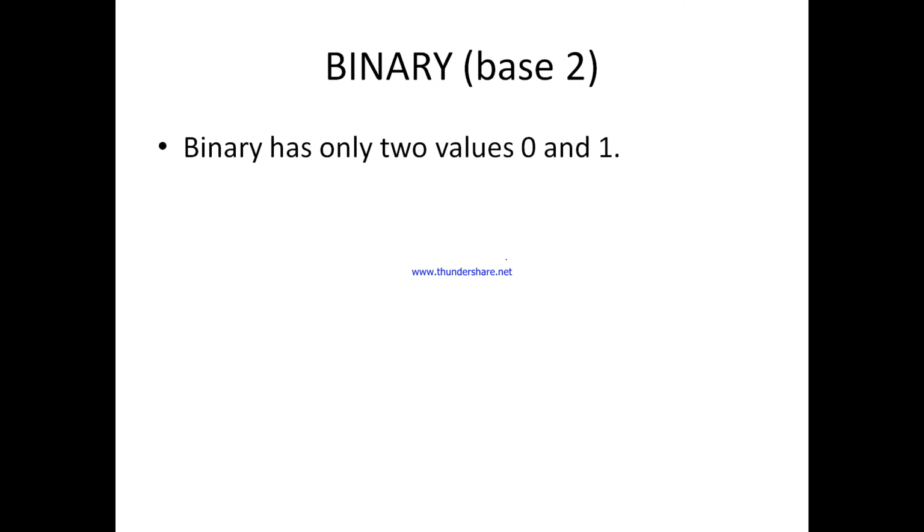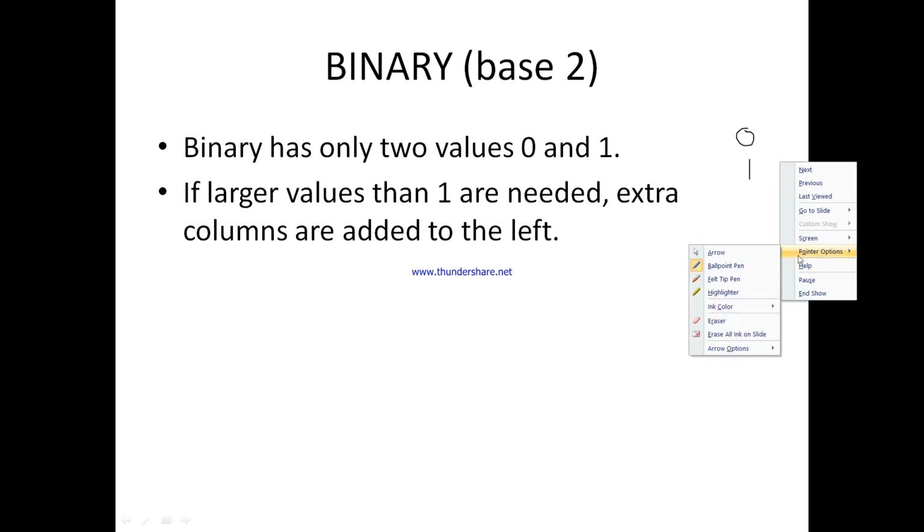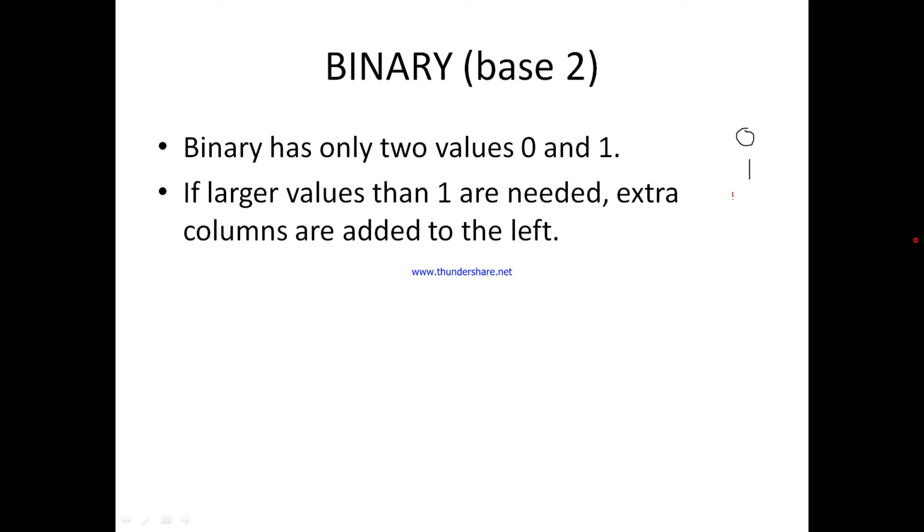Next is the binary number system. The binary number system has only 2 digits, 0 and 1. Again the same procedure continues. First digit is 0, then 1, then 1 0, then 1 1, then 1 0 0, then 1 0 1, then 1 1 0, then 1 1 1.